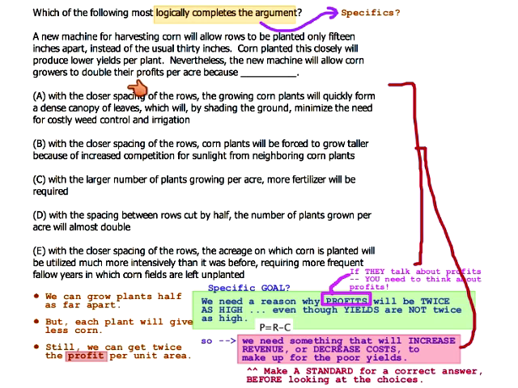All right, so A says, when you put the rows closer together like that, you will spend less on these things that cost stuff. That's good. That's what we want.